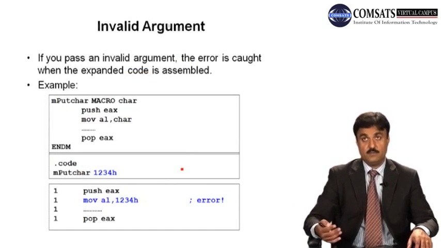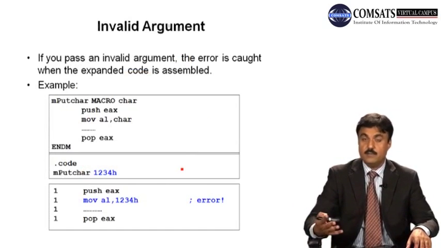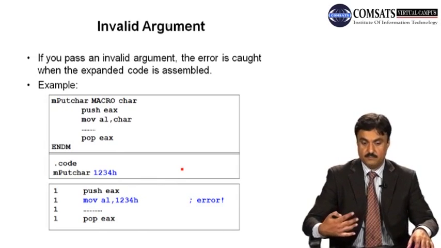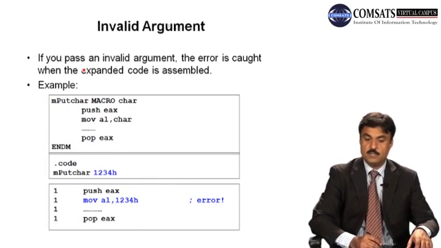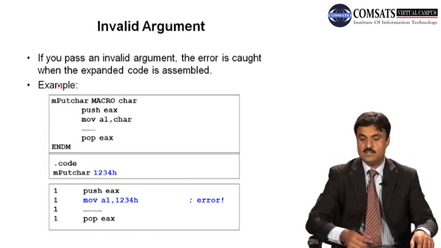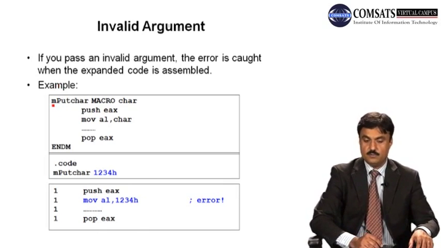Now, as I told you in our previous slide, we have to be very careful when we pass arguments inside the macros. For example, if you pass an invalid argument, there will be an error when the expanded code is assembled. For example, we have m put character. This is one macro.